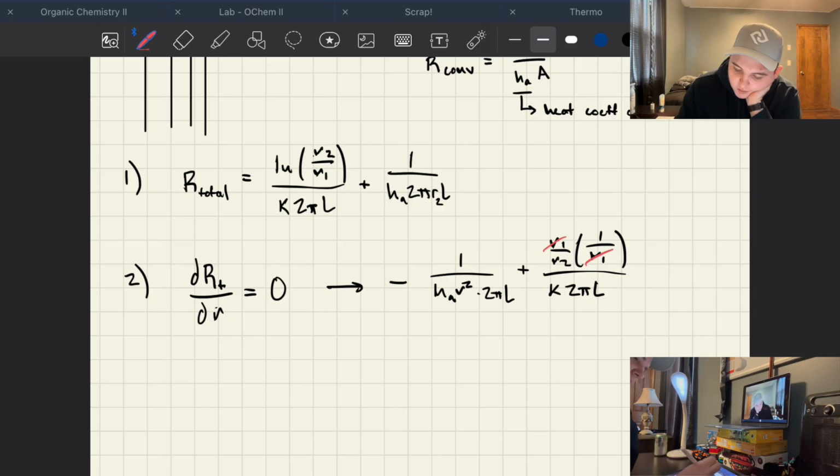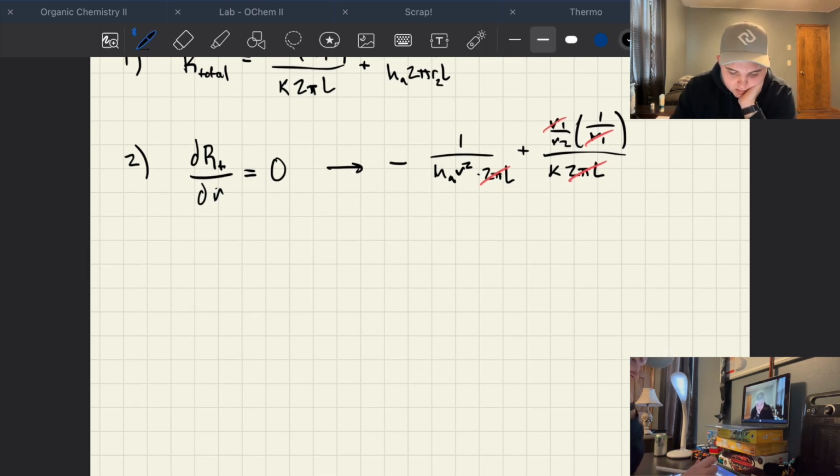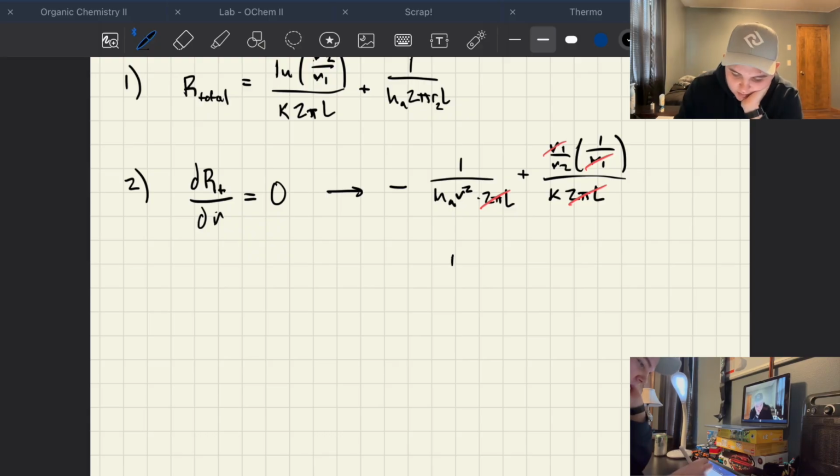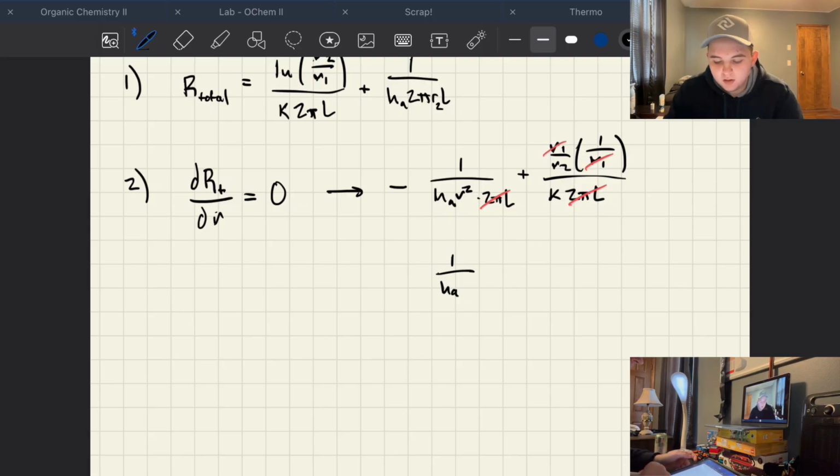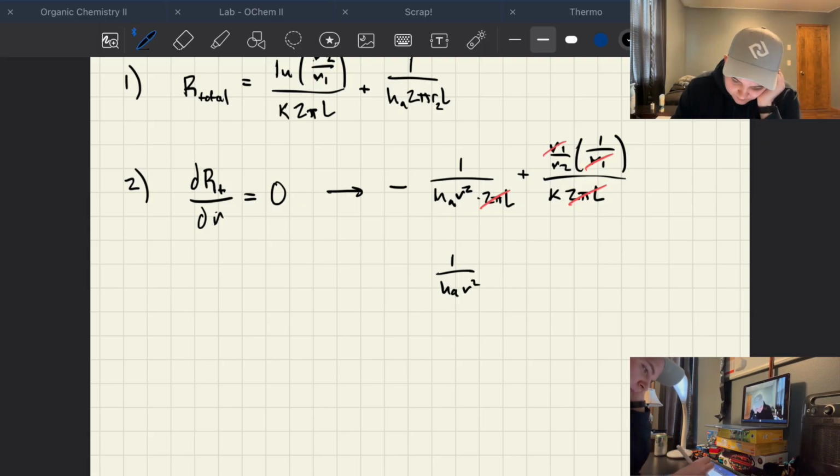Our R1s will cancel here, and our 2 pi L will cancel. Correct? Yeah. Okay, so now we can simplify that expression to be 1 over HA R squared plus 1 over K R2.